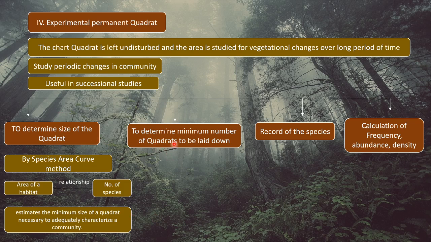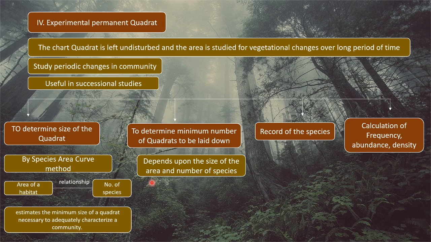Then we need to determine the minimum number of quadrats to be laid down. Now this depends upon the size of the area and the number of species again. Some areas will have more species, so then we sometimes need to keep more quadrats, sometimes 10 to 15 quadrats.